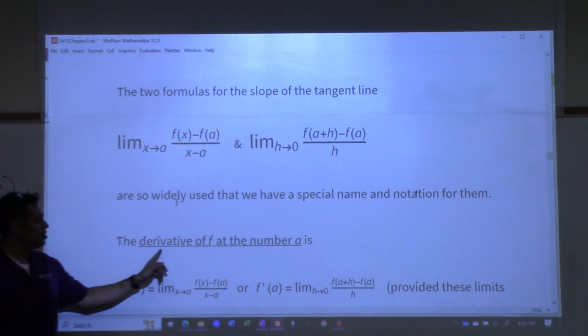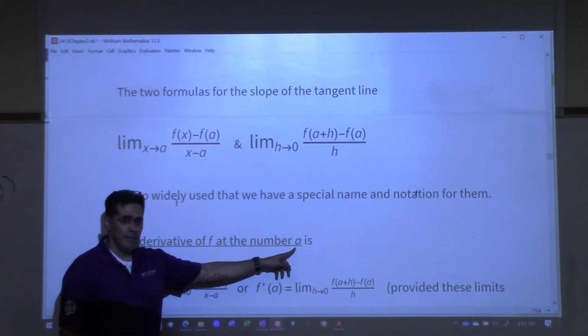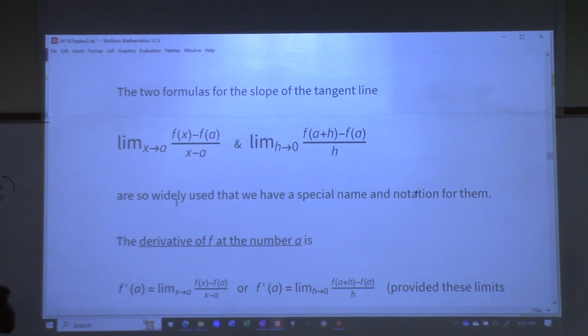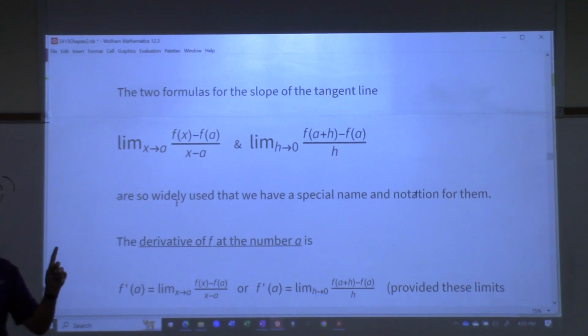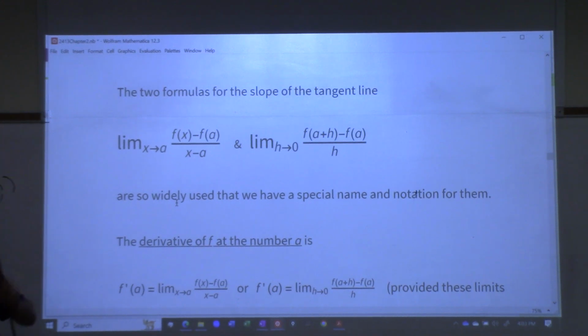It is called the derivative of the function f at the number a. So the derivative of the function f at a is simply the slope of the tangent line at a. Those mean the same thing.